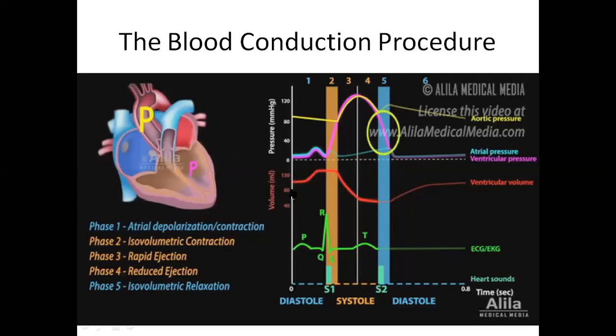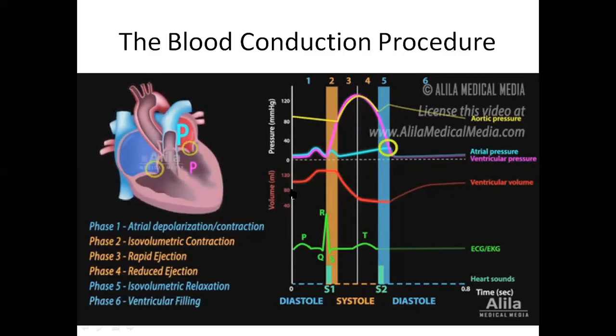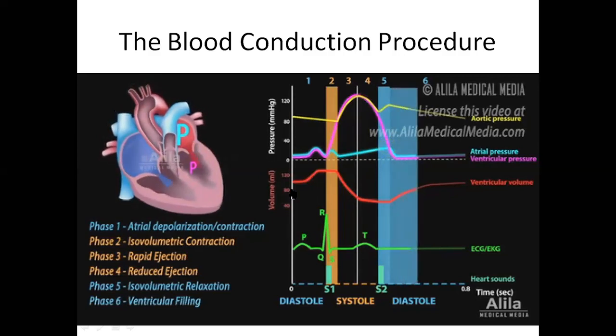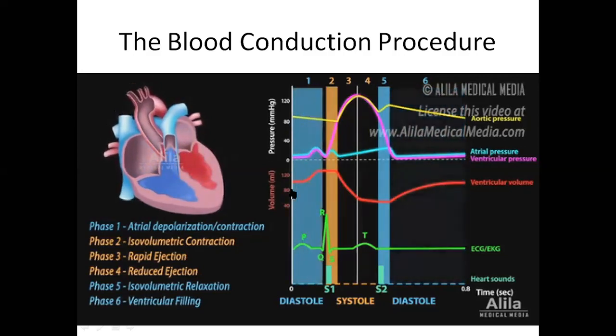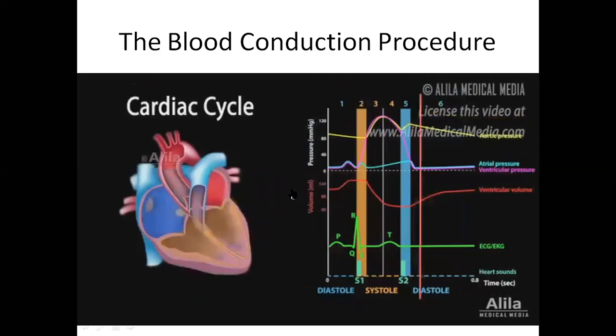Ventricular pressure drops rapidly, but their volumes remain unchanged. Meanwhile, the atria are being filled with blood and atrial pressures rise slowly. Ventricular filling starts when ventricular pressures drop below atrial pressures, causing the AV valve to open, allowing blood to flow down the ventricles passively. The atria contract to finish the filling phase, and the cycle repeats itself.